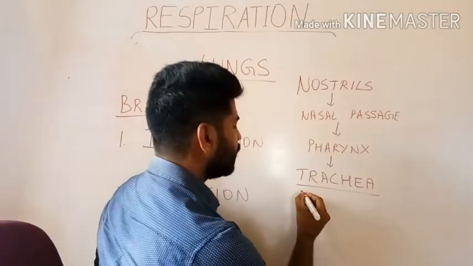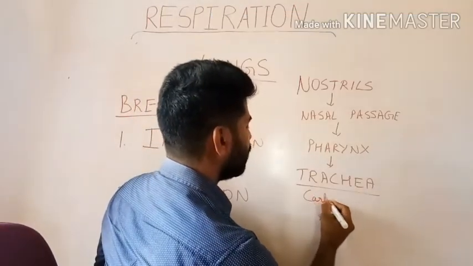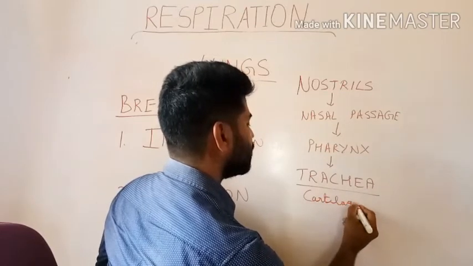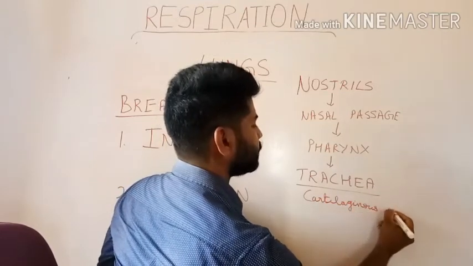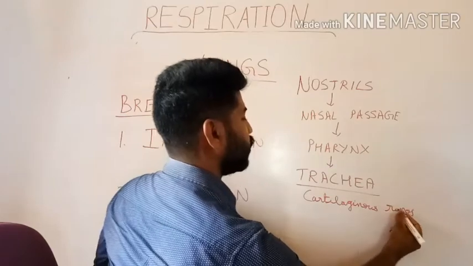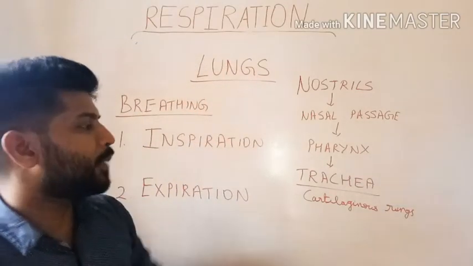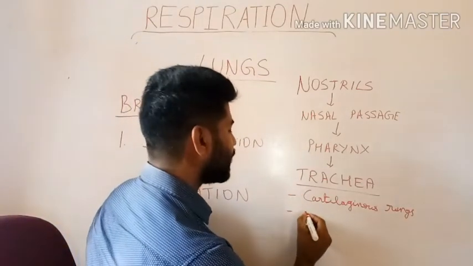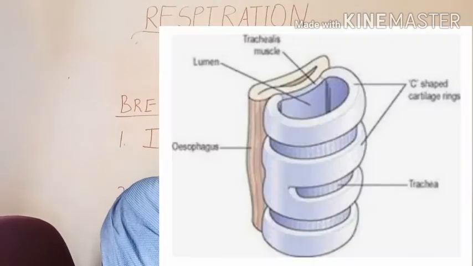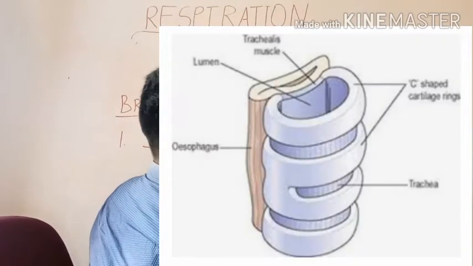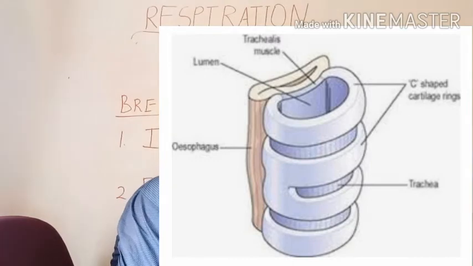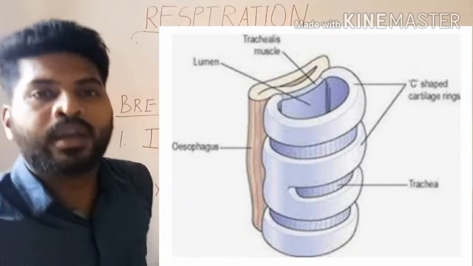The trachea is made up of cartilaginous rings. It is not made up of bone, it is made up of cartilaginous rings which are C-shaped. So, like this, we will find that it is incomplete. So, this is what is called the trachea.